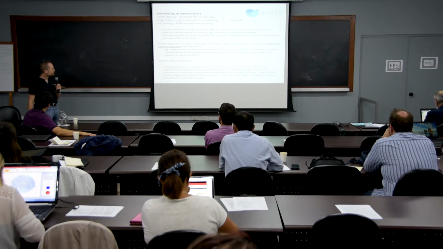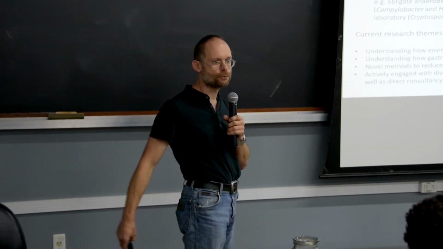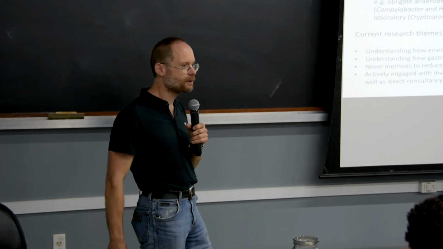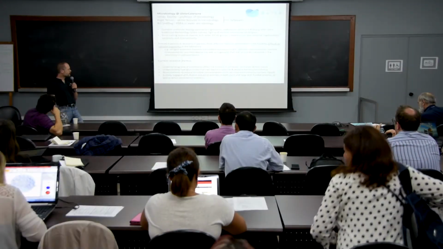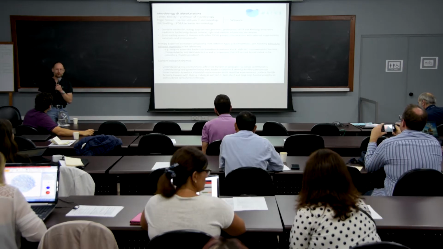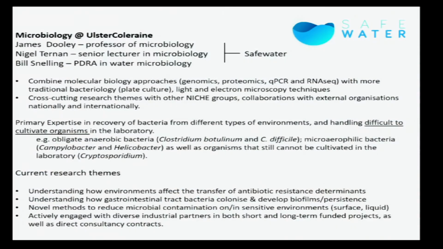Within our group, current research themes, and these are always changing, so I chose some themes almost not quite at random, but they're fluid. So we want to understand how environments affect the transfer of antibiotic resistance determinants between bacteria. We want to understand as well how gastrointestinal tract bacteria in your gut maybe colonize and develop, maybe form biofilms.